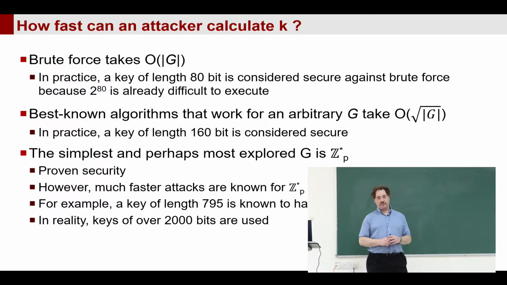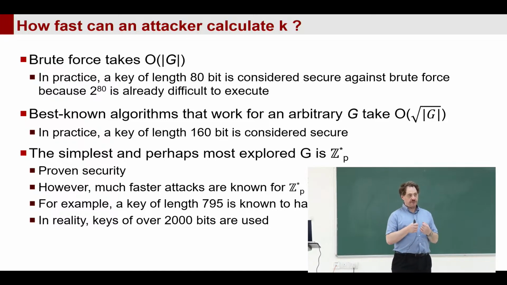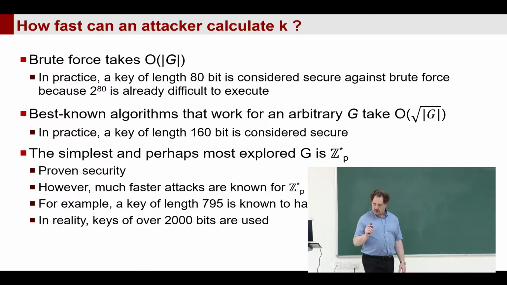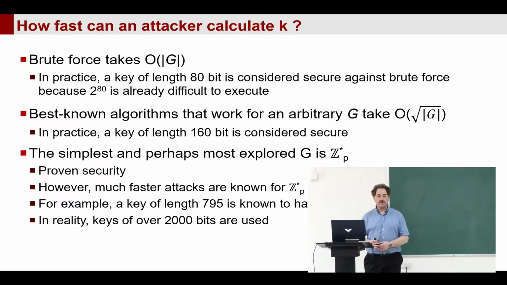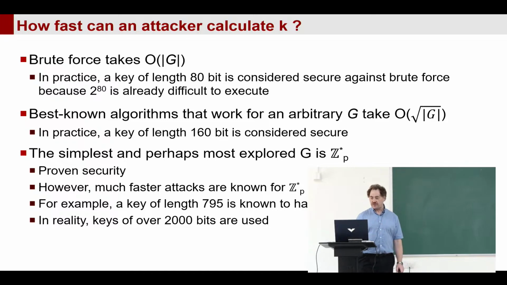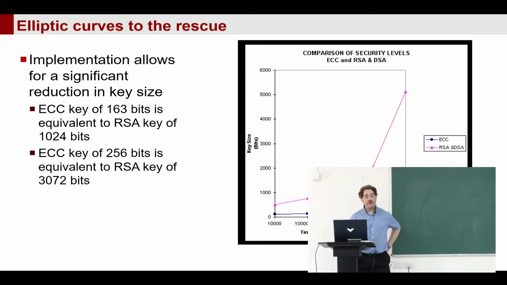And of course, if we include some data on the blockchain, the storage space on the blockchain is expensive, as we said. So you want keys to be as short as possible. So that's why this is not considered the best group, and this is why blockchain does not use this group. What does blockchain use? It's using elliptic curves.